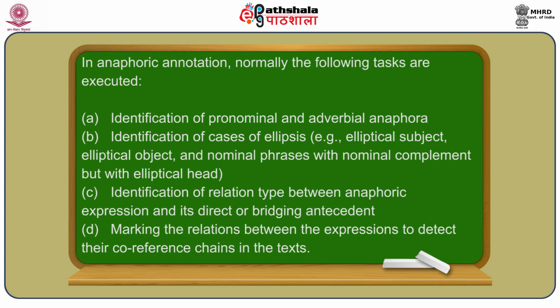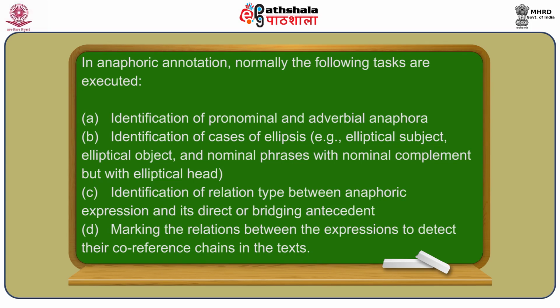Number 1, identification of the pronominal forms and adverbial forms, which are basically anaphora. Identification of cases of ellipses: elliptical subject, elliptical object, nominal phrases with nominal complement but with elliptical head. These ellipses also need to be marked in anaphora.